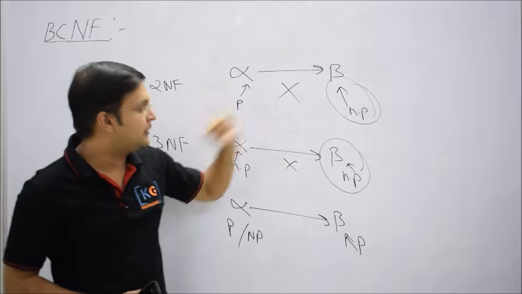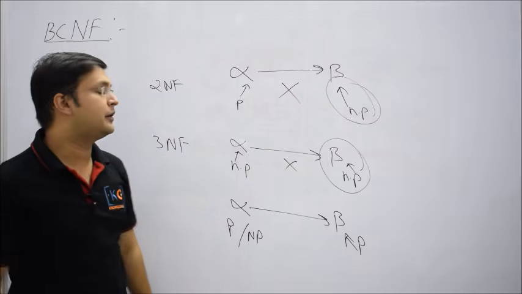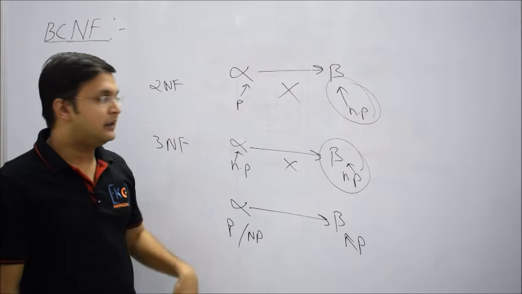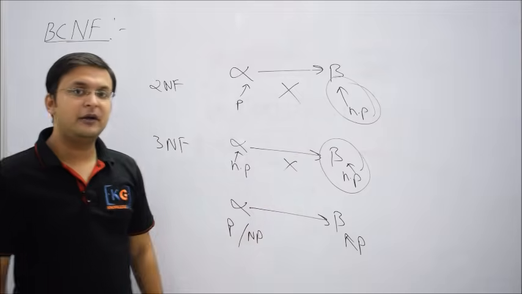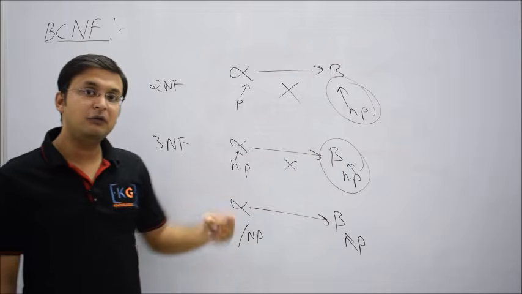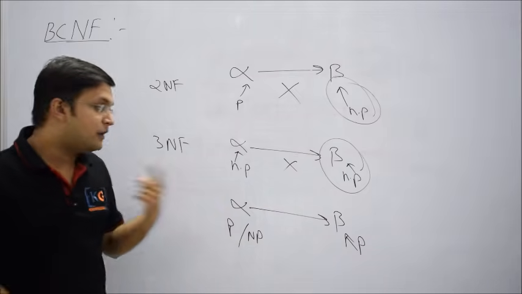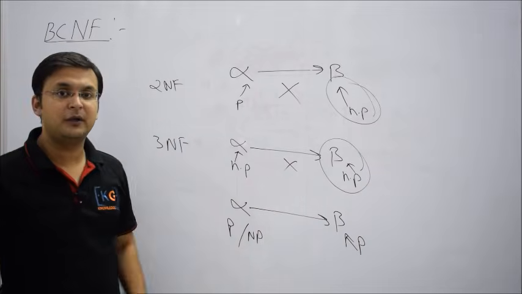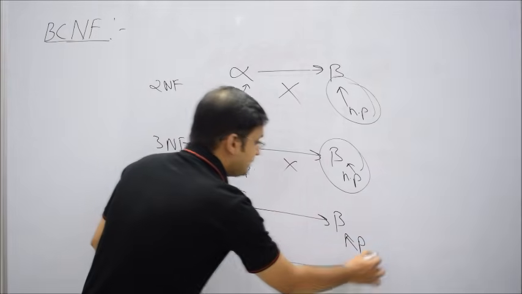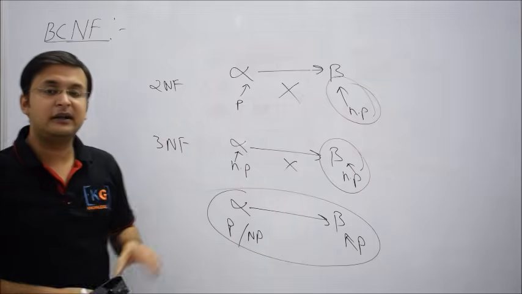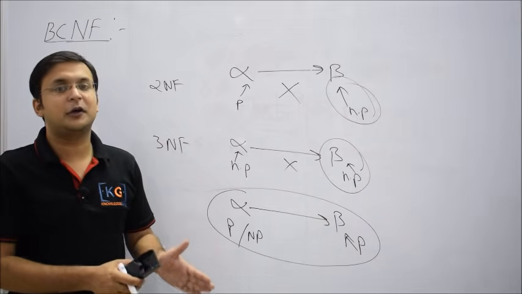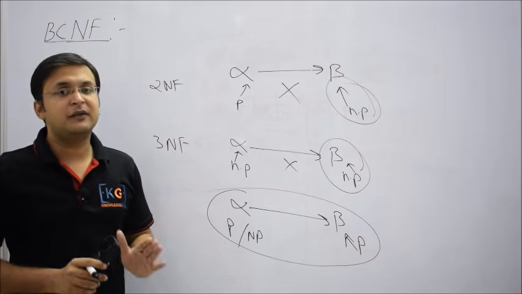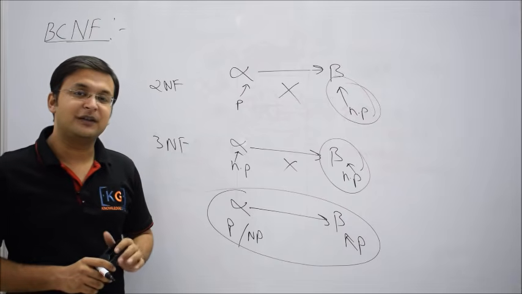You were deriving a non-prime attribute using a part of a candidate key, then you were deriving a non-prime attribute using a non-prime attribute, but now you start deriving what? A prime attribute, either with a prime or a non-prime attribute. You see, this case is not covered either in third normal form or in second normal form, and BCNF deals with these kinds of cases.